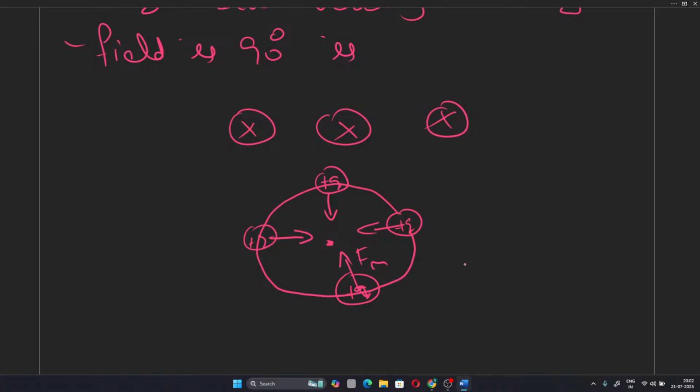Here the direction of velocity will always be changing. At any point of the circumference, there will be a charge moving like this, and if you want to find the velocity direction, we take a tangent.